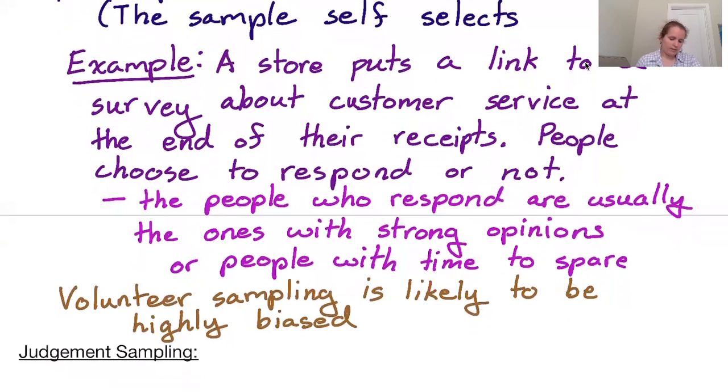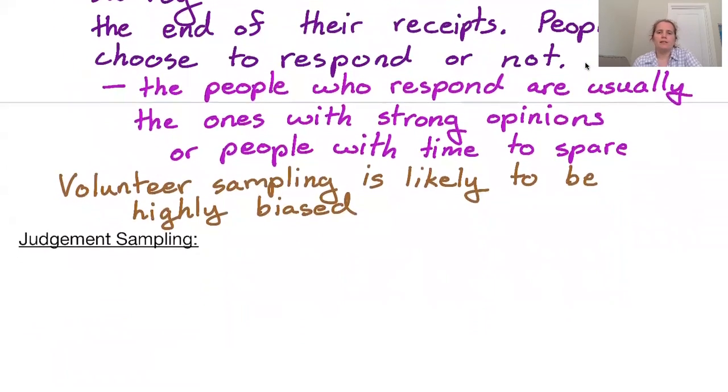And the last type of sampling we're going to talk about today, or for bad sampling, is judgment sampling. In judgment sampling, the researcher picks the sample directly themselves in a way that they feel is most representative of the population.